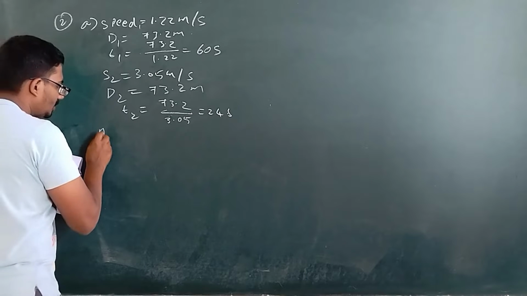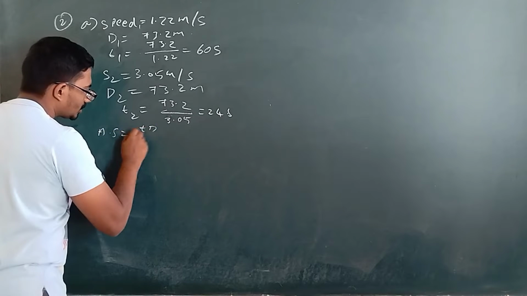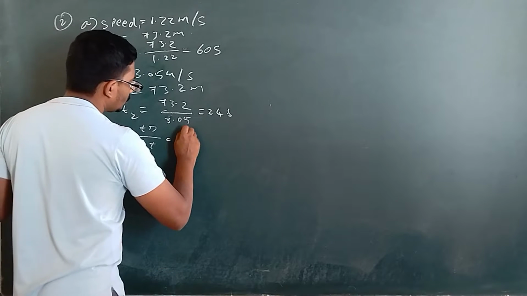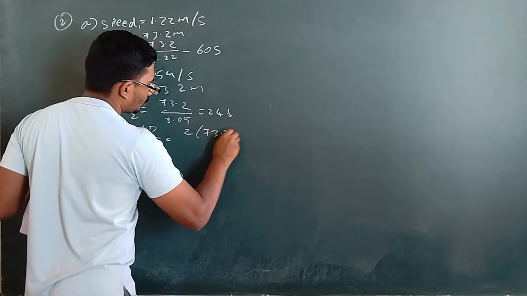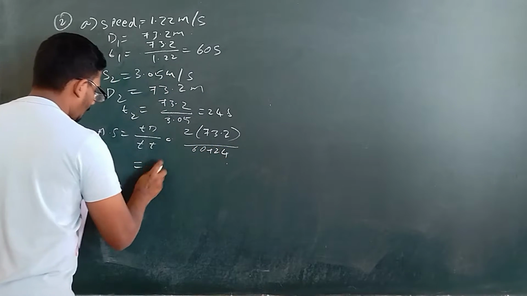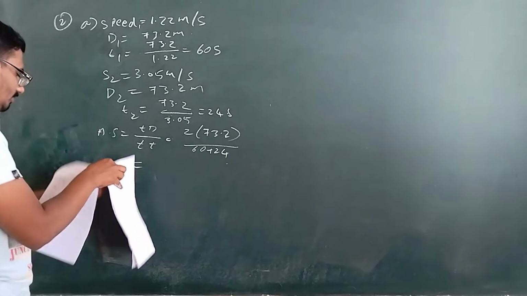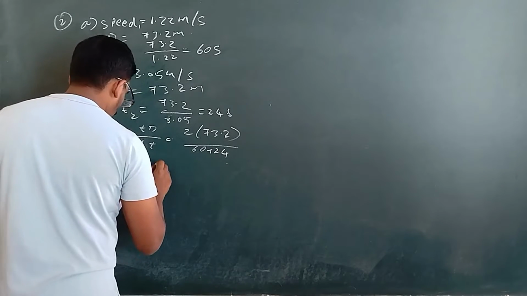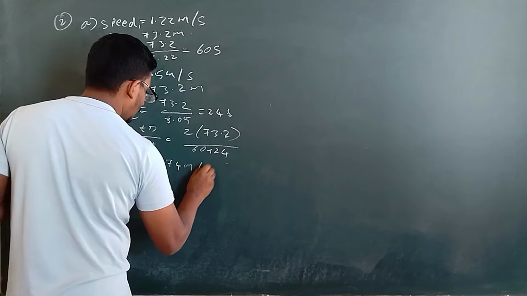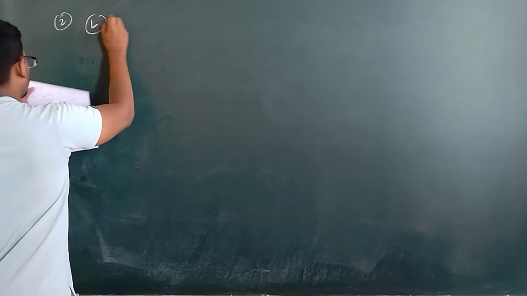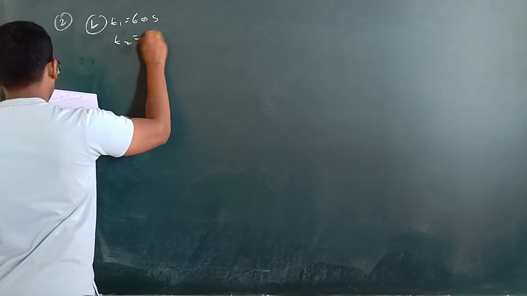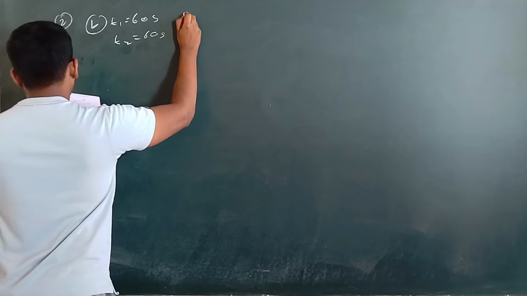So average speed is equal to total distance by total time, that is total distance is equal to 2 into 73.2 divided by 60 plus 24, which is 1.74 meters per second.